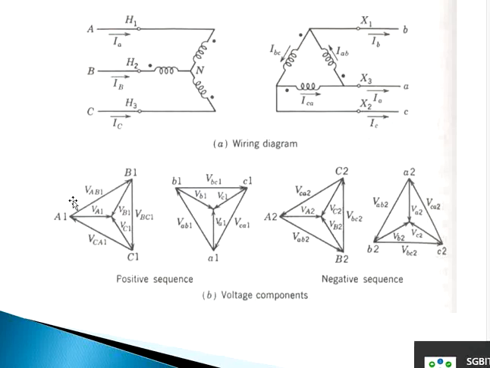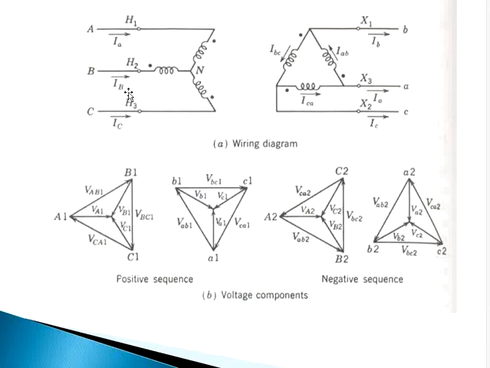That means A2N, N2B gives my line voltage VAB1, where VAB1 is my line voltage and VA1 is my line-to-neutral phase voltage. The sum of two phase voltages gives my line voltage. Similarly, VBC equals VB1 plus VC1; this voltage plus this voltage gives the line voltage.